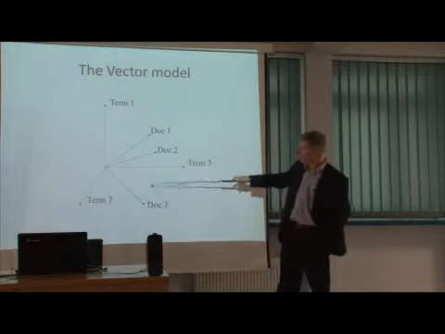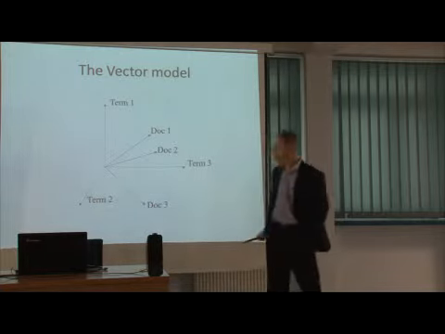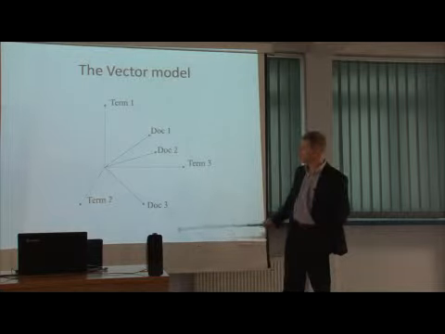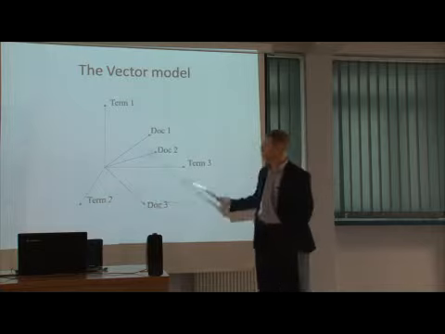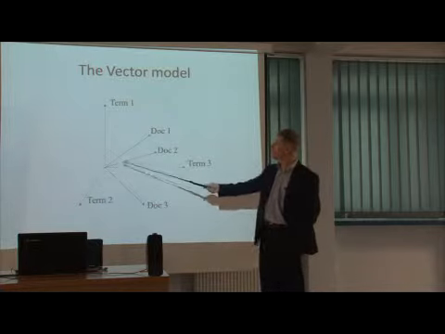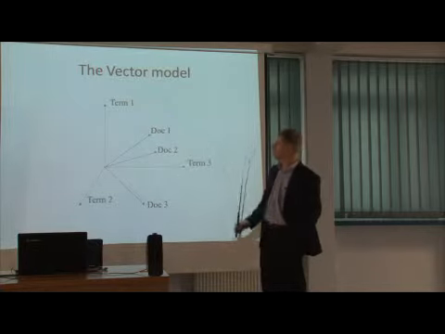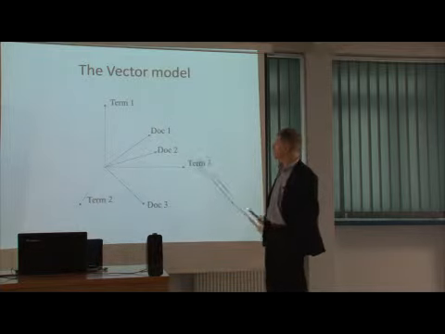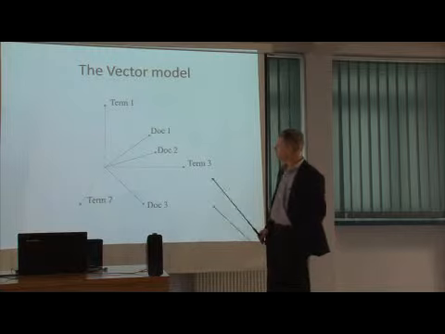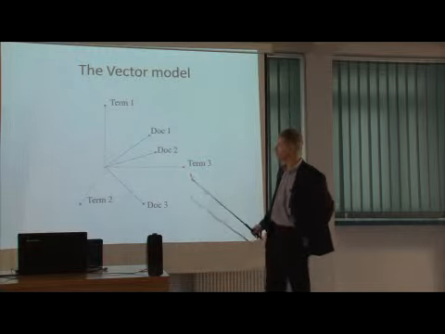Document 3, assuming that it's in this horizontal plane, has occurrences of term 3 and term 2, and document 1, assuming it goes through the middle, has an occurrence of at least one term from all 3 terms.